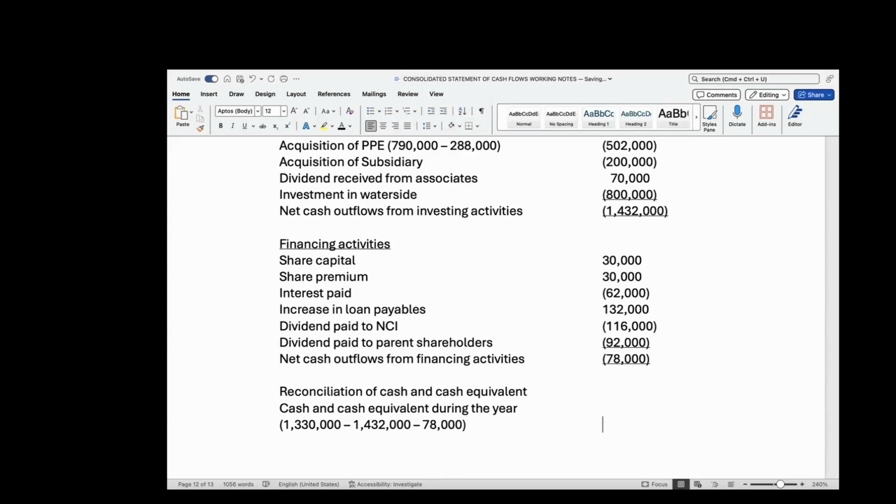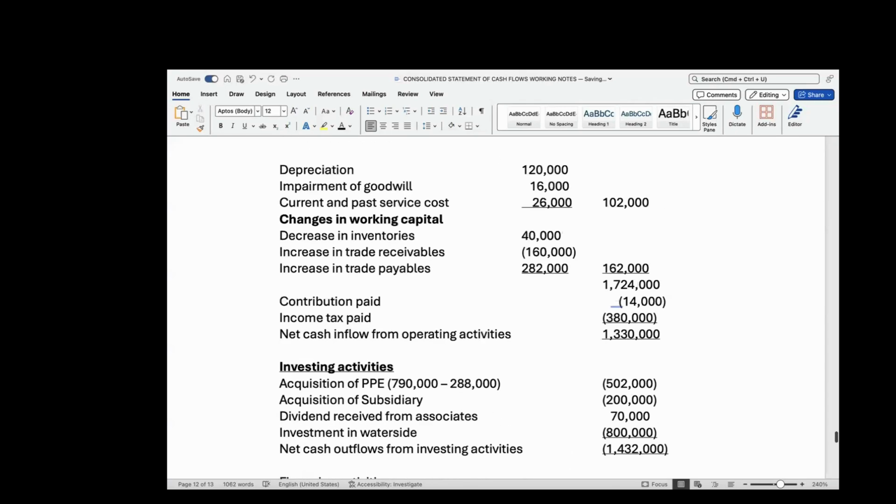What does that give us? Minus 180. Then what's the opening cash and cash equivalents?